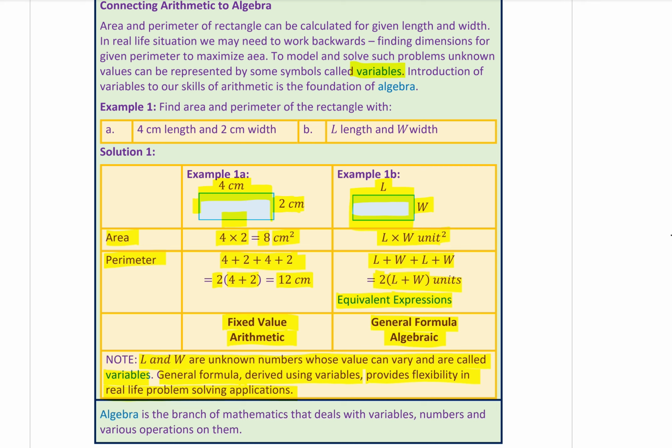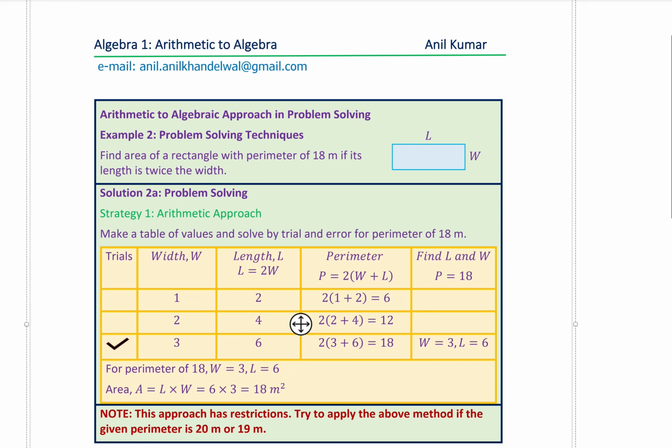So the idea is when we have a problem, break it down into smaller pieces which will give us expressions, and those expressions can help to resolve the situation. Perfect. That is what we do in algebra. Algebra is the branch of mathematics that deals with variables, numbers, and various operations on them.